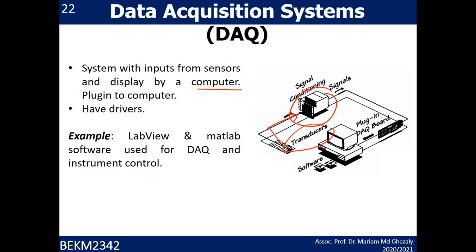After signal conditioning, the signal goes through the DAQ board. The DAQ board is where the physical signal enters the computer. Because you need to display it through a monitor, you need a data presentation.